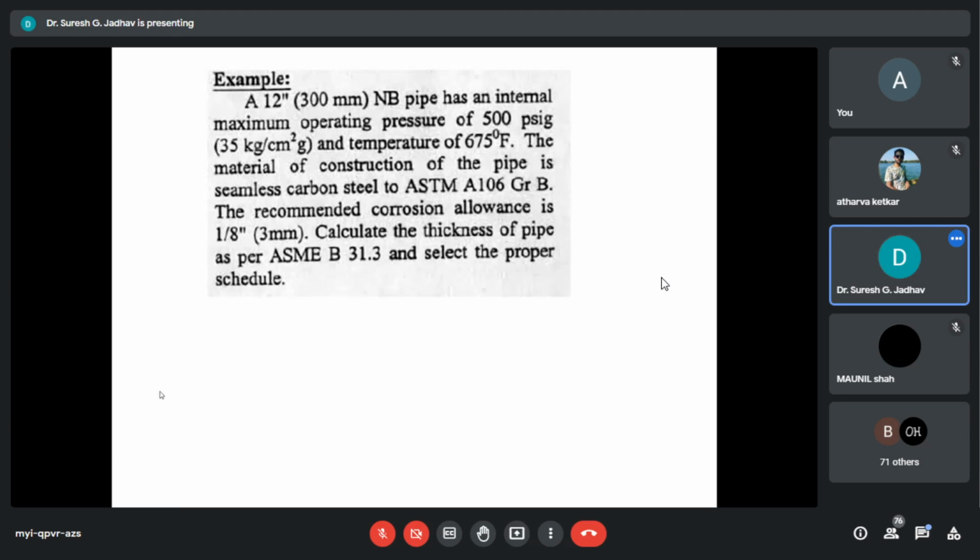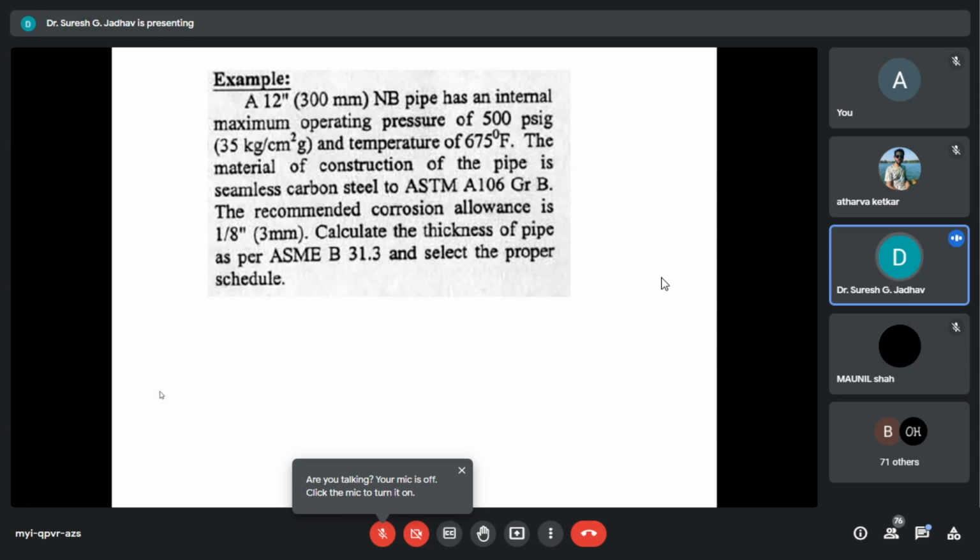Now you can note down this example, and in the next session we'll see the entire procedure of how to calculate the thickness of pipe as per ASME B31.3 and select the proper schedule, meaning wall thickness schedule, which you can abbreviate as SCH.